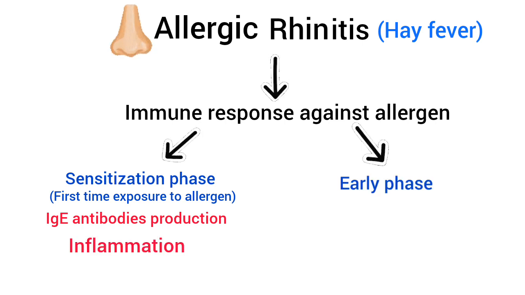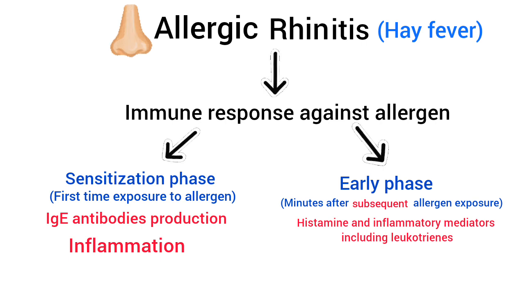We also have the early phase, occurring within minutes of subsequent allergen exposure. The early phase consists of a rapid release of histamine and inflammatory mediators such as proteases, prostaglandins, kinins, leukotrienes, and neuropeptides. And I want to highlight the inflammatory mediator leukotriene as we're going to talk about it in a few minutes.